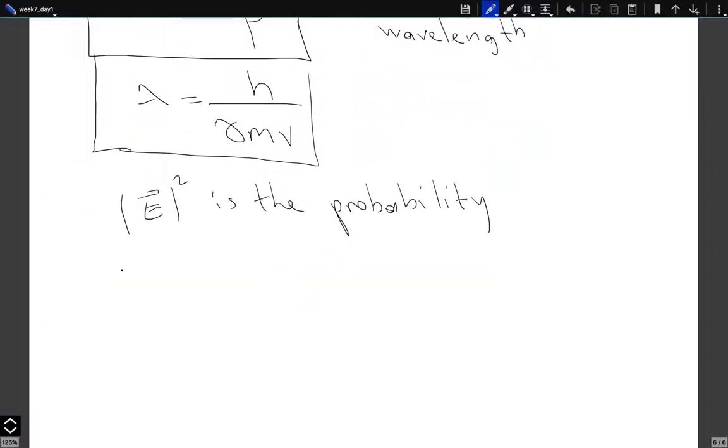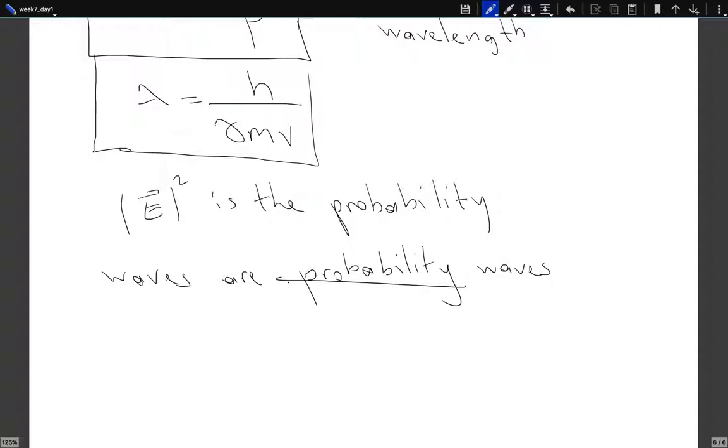We will say that these waves are probability waves. Now, this will be an important concept for us. Just like in the case of electromagnetic radiation, we identify the magnitude of the electric field squared as the probability, here we will also define a wave.